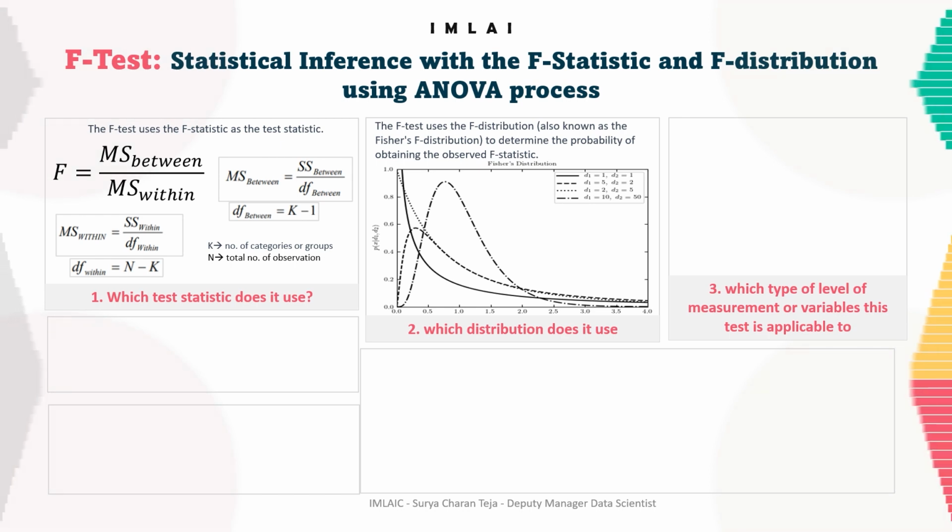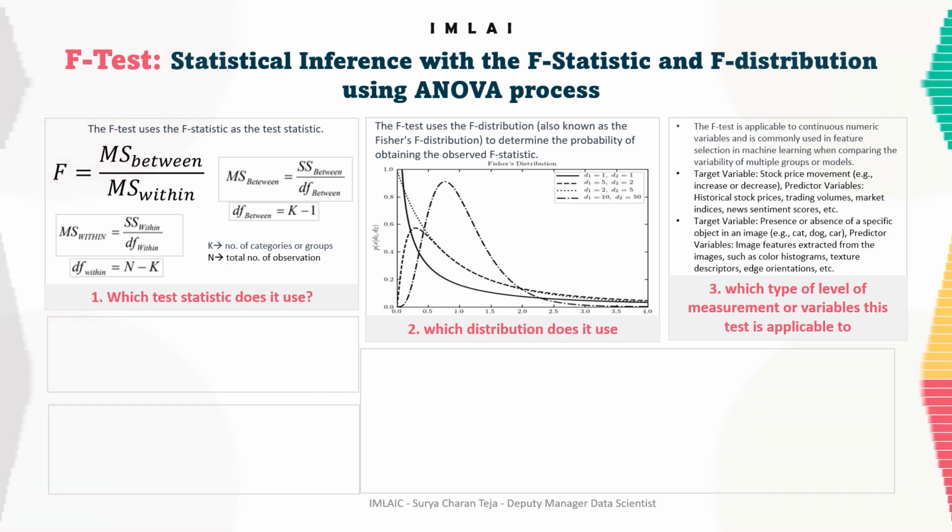That's our target variable. And predictor variables could be image features extracted from the images such as color histograms, texture descriptors, edge orientations. These are our image features. These are our predictor variables. When I apply the F test, you can assess the significance of each image feature in relation to the presence or absence of the target object.